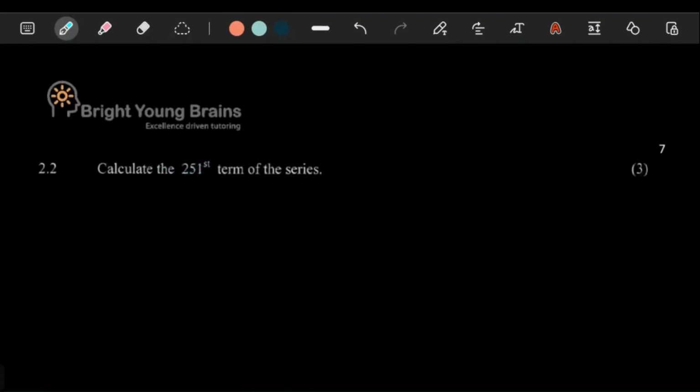Since it's an arithmetic sequence, you can think of the general term of an arithmetic sequence.